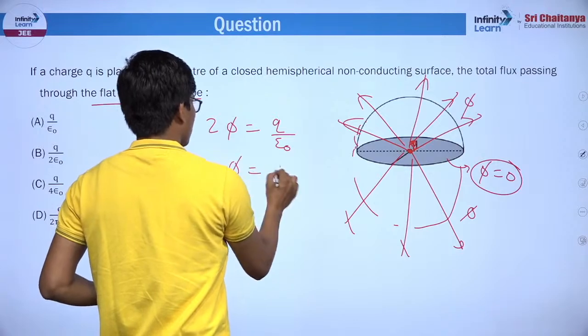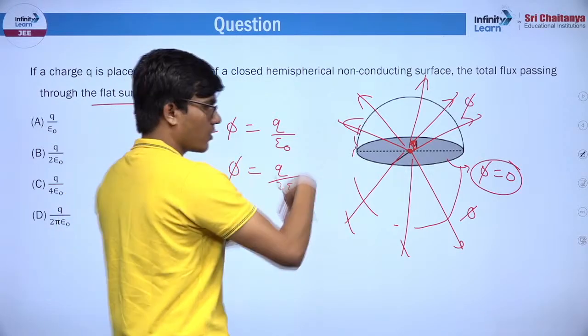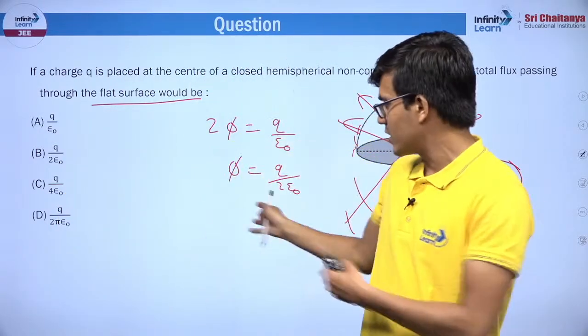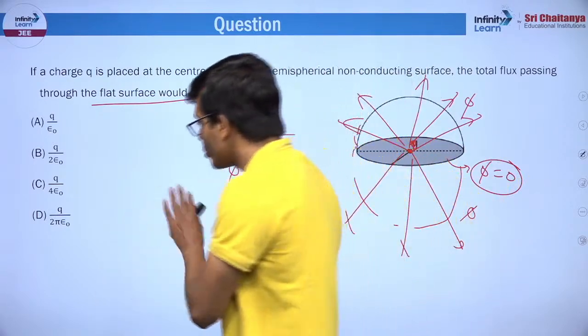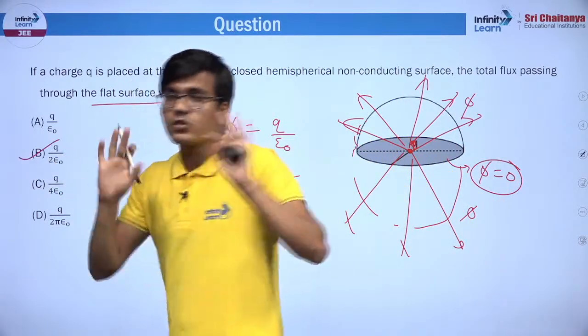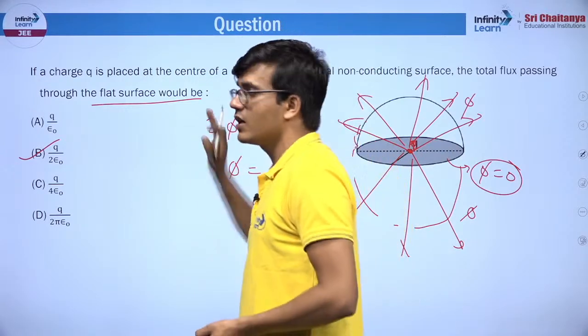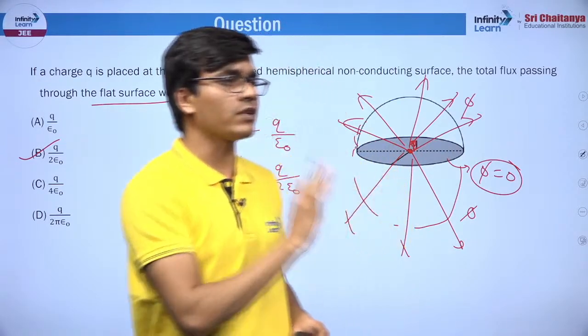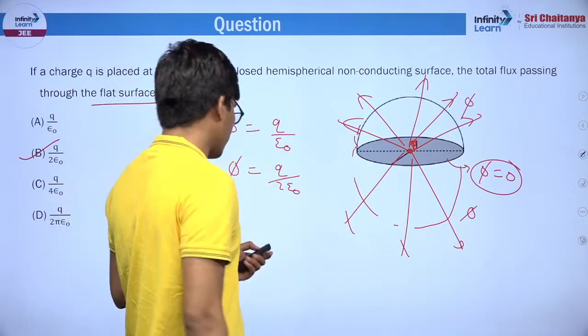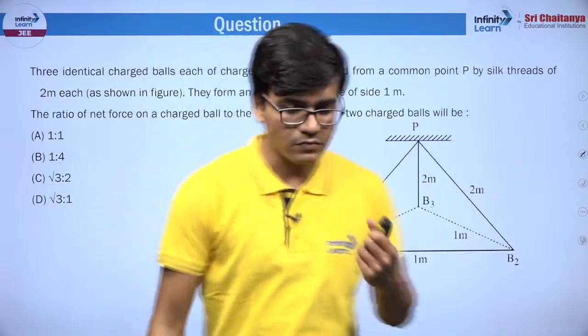So the flux through the one surface, or you can say one hemisphere, is q by 2 epsilon naught. That is what I am saying, but according to me this question should be bonus, right, because whatever language they have given, for that language the answer should be 0, but that is not given to you in the options.